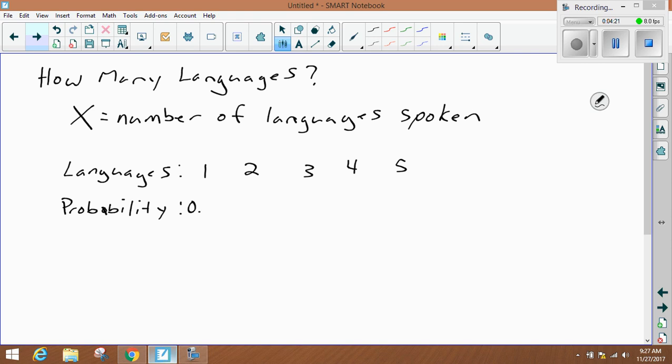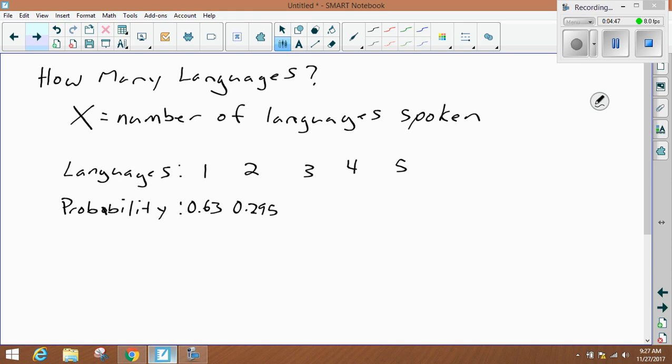So from the U.S. Census, the probability that a high school student speaks only one language is 0.63. The probability that a student speaks exactly 2 languages is 0.295.